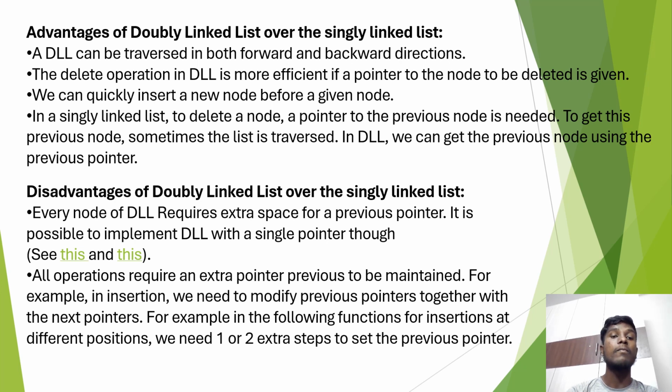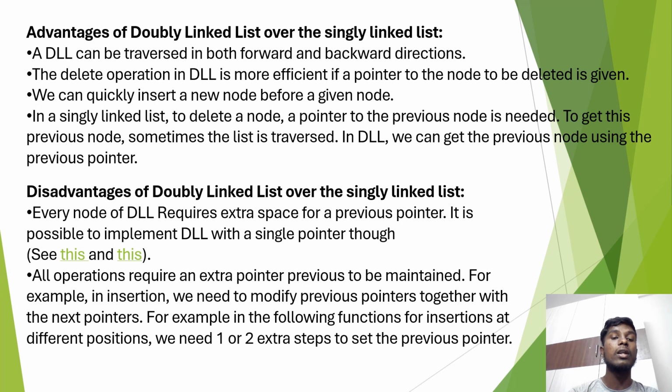In a singly linked list, to delete a node, a pointer to the previous node is needed, and to get this previous node, sometimes the list is traversed. In a doubly linked list, we can get the previous node using the previous pointer, and it can be traversed in both forward and backward directions. This is about the advantages, and now the disadvantages.